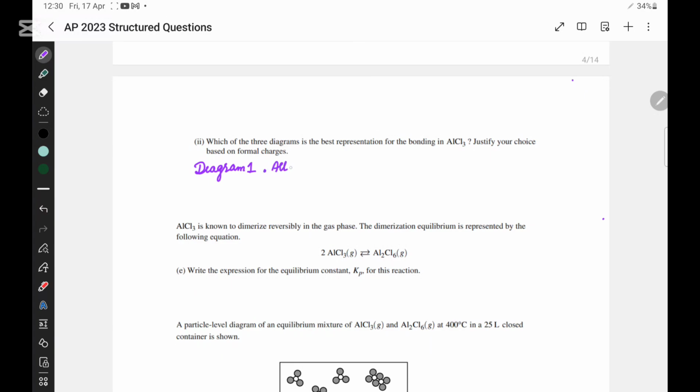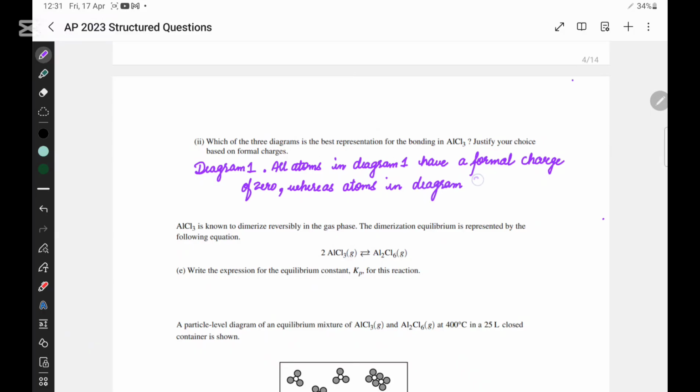Because all atoms in diagram 1 have a formal charge of 0, whereas atoms in diagram 2 and 3 have non-zero formal charges.